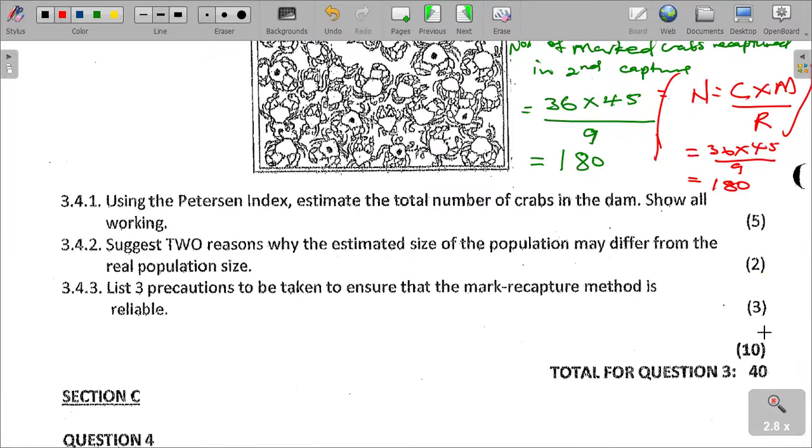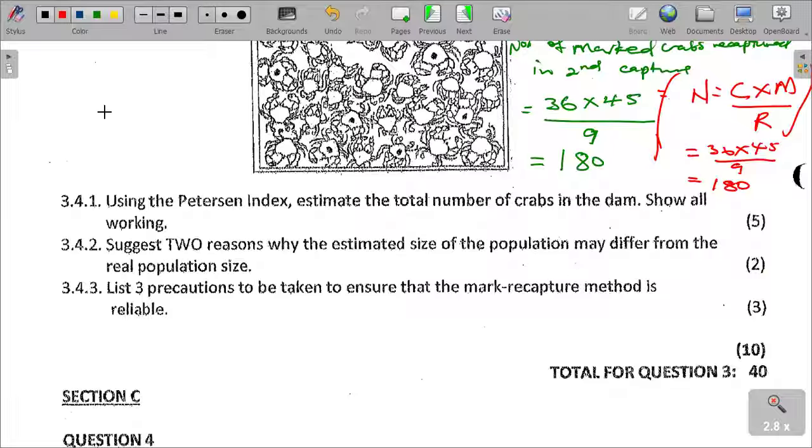The next question is saying, suggest 2 reasons why the estimated size of the population may differ from the actual population.